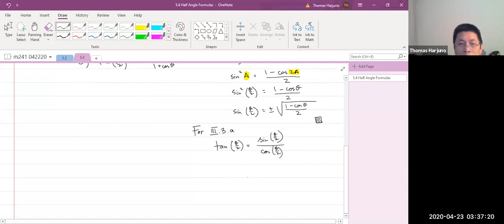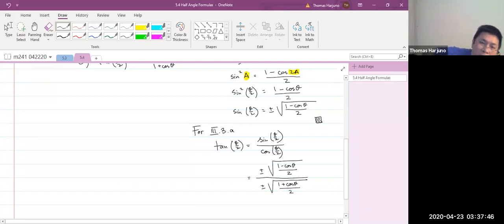That is plus minus square root of 1 minus cosine theta over 2 divided by plus minus square root of 1 plus cosine theta over 2. Basically, I use the formula from the second and the first.